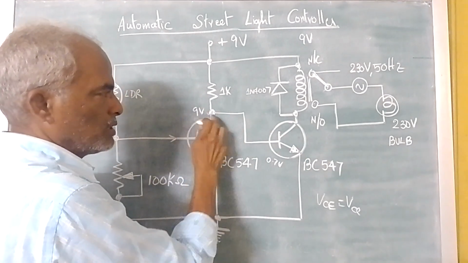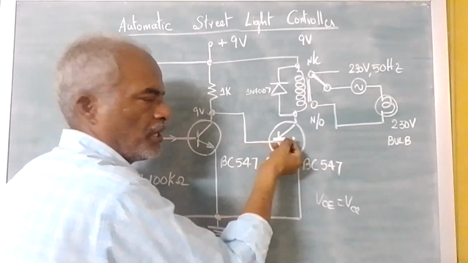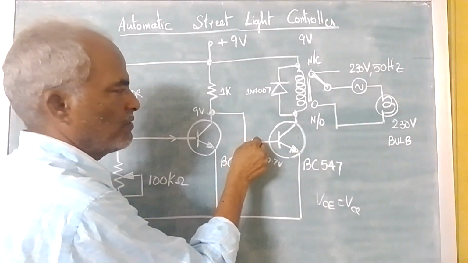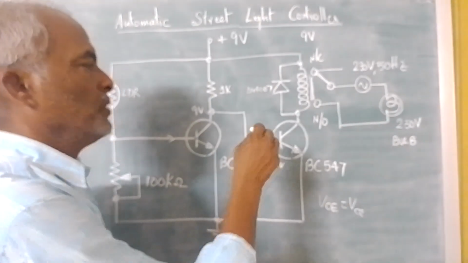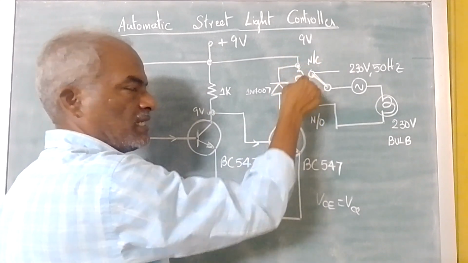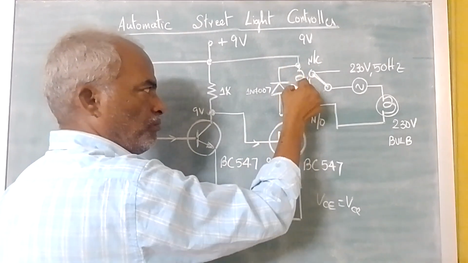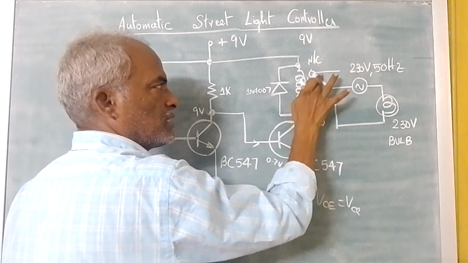Now this voltage makes transistor 2 go into conduction, because you have sufficient base current to turn the device on. Therefore, collector current flows and the relay coil is energized. So the relay gets actuated. So this switch gets opened.